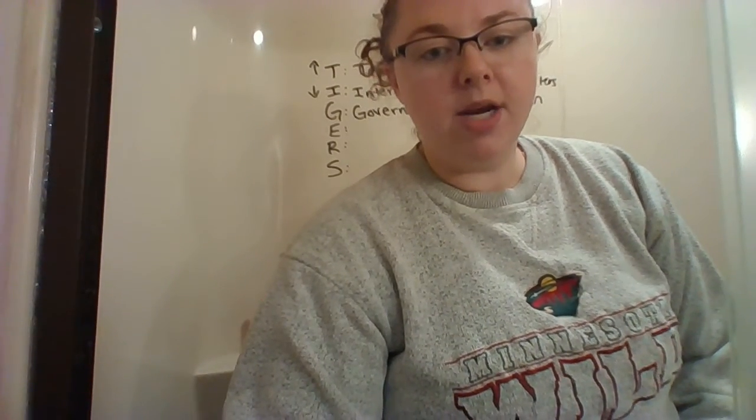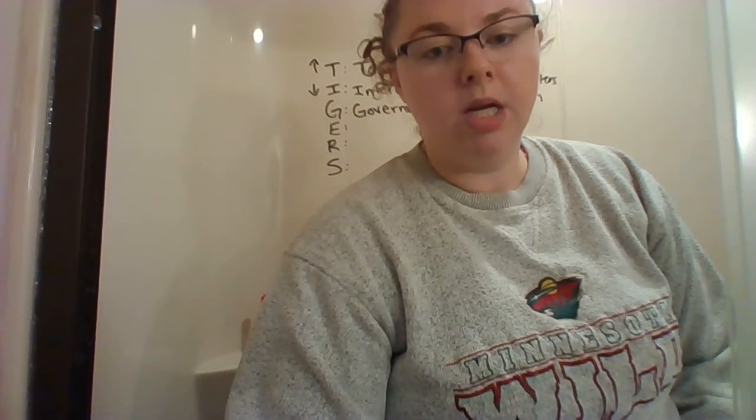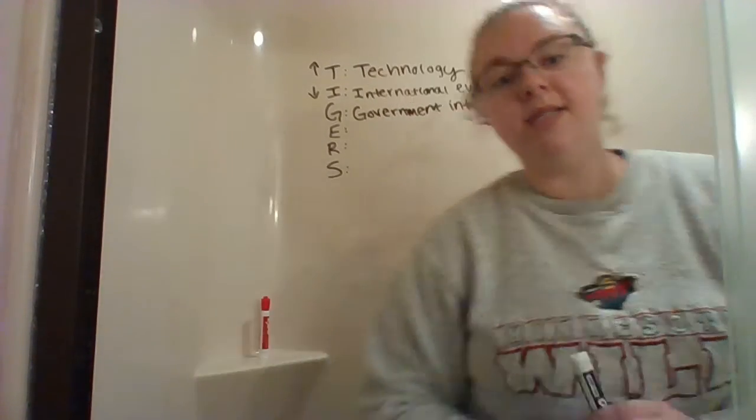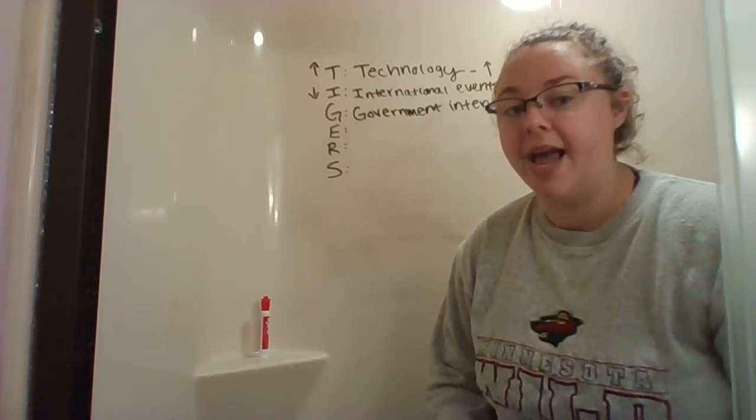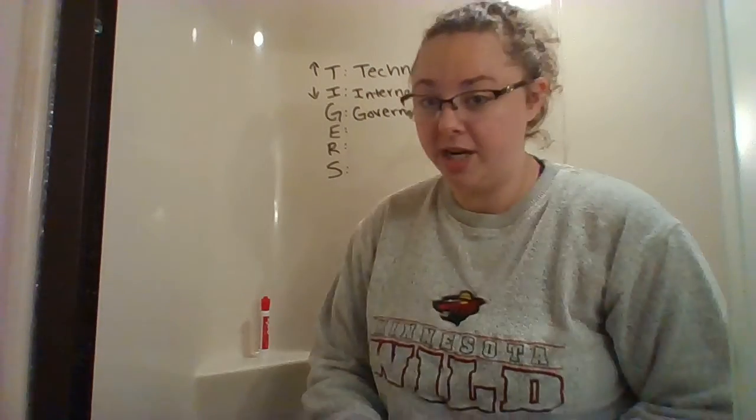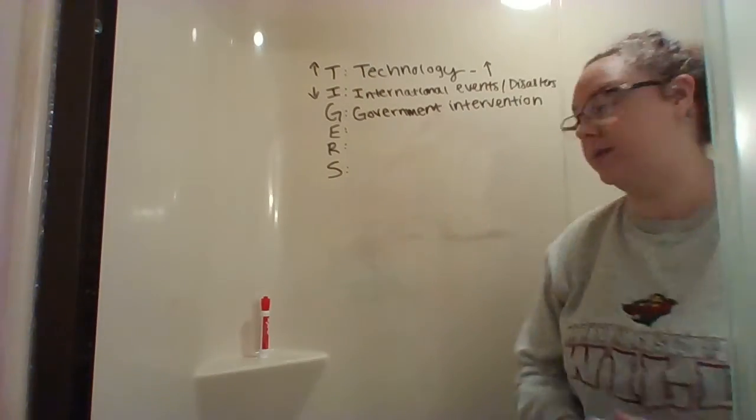Okay, the next letter we are going to look at is E, which is similar to the one for demand, but for supply, expectations of future price changes and how that affects producers.